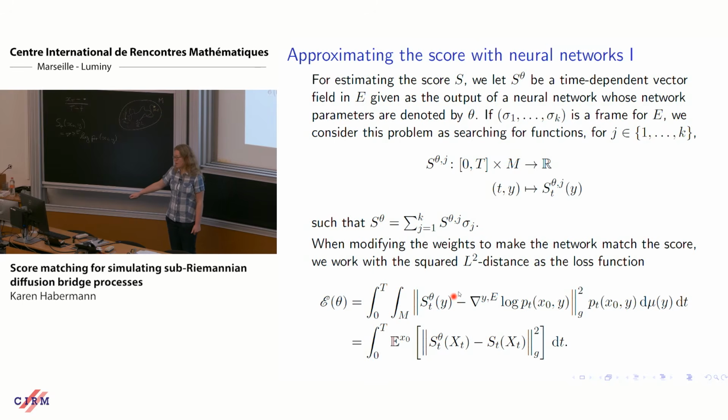And to make the notation slightly nicer, the second line is only a different way of writing down the first line. It's simply an integration with respect to the heat kernel. So the shorthand notation is to say this is the expectation. We have the x0 here still because we still care about x0 being our starting point.